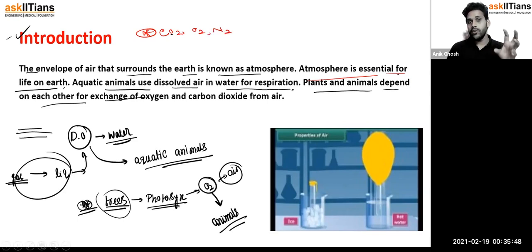We also learned that air has a particular proportion of oxygen and nitrogen that is getting counterbalanced. We are taking that oxygen and leaving carbon dioxide in the air. Similarly, the trees and plants are taking up that carbon dioxide and leaving the oxygen in the air. So that's how the balance is being maintained, right? After that, we learned that aquatic animals take up the dissolved oxygen in the water. Okay, that is all we have learned so far, right?